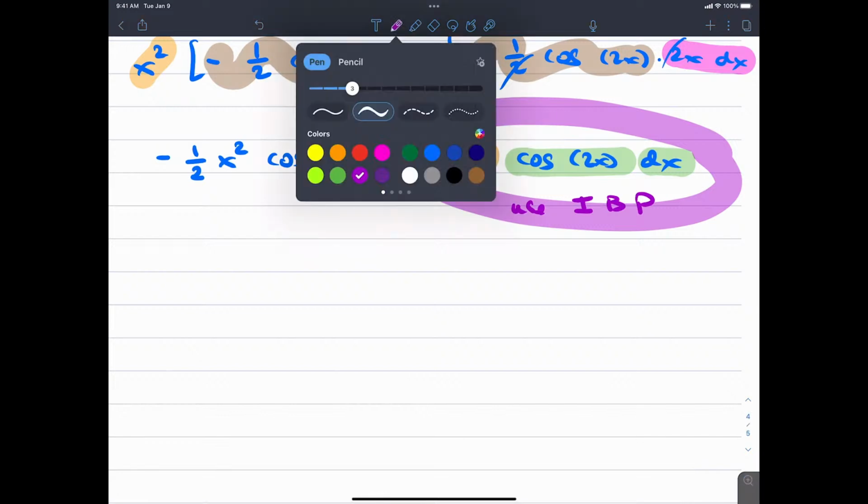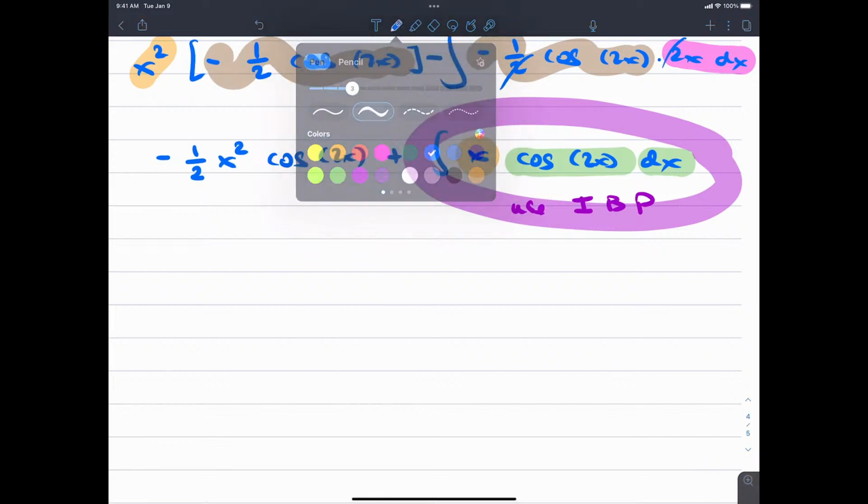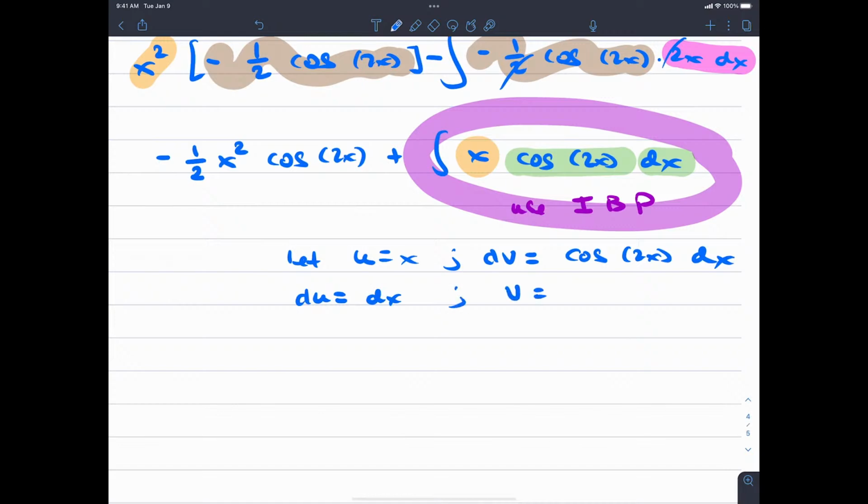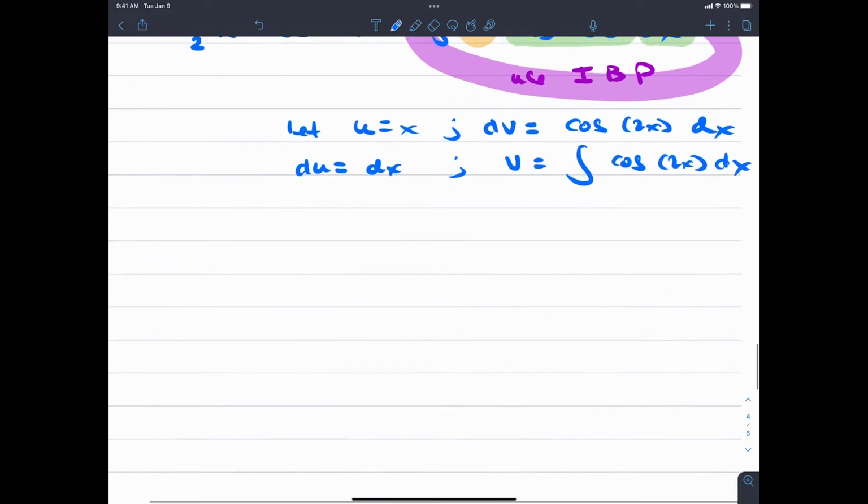So now what do I do? We'll repeat the process. What do you guys want to let u be again? Yep. And that means dv has to be cosine 2x dx. So make sure you include the dx. So this gives me du equals dx, and now v will be the integral of cosine 2x with respect to x.